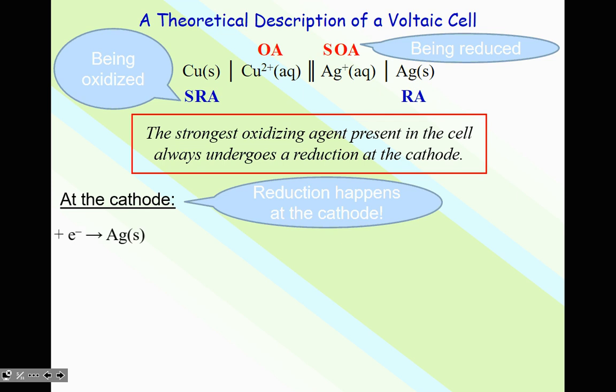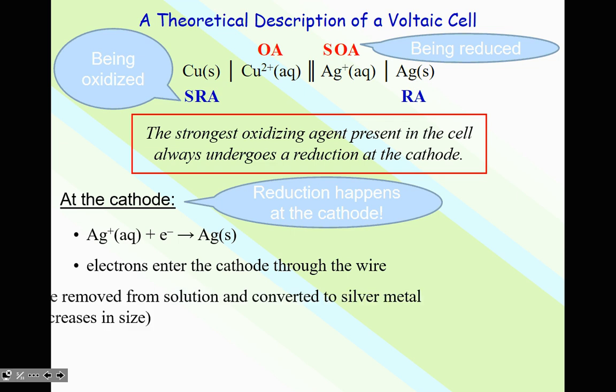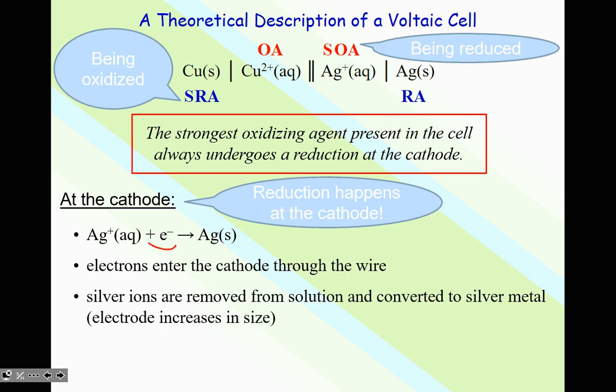At the cathode, we have a half reaction. Electrons enter the cathode via the wire, so as you can see here, it's using up electrons. The silver ions are removed from the solution and converted to silver metal. This is really important, kiddos. What's happening is that you're producing silver because you're taking the silver ions from the electrolyte, the silver nitrate.